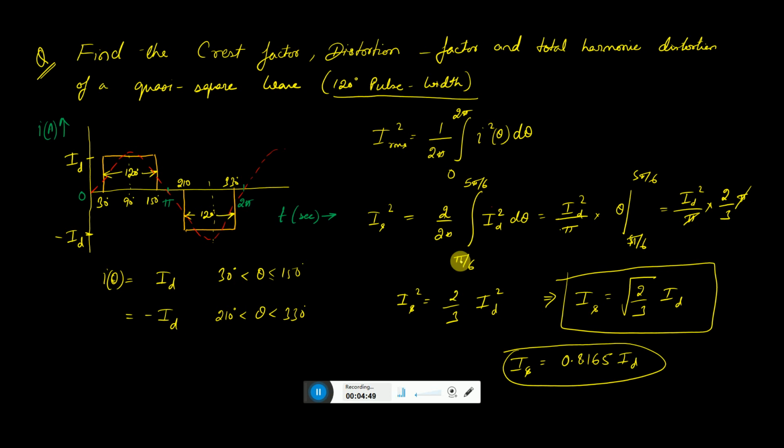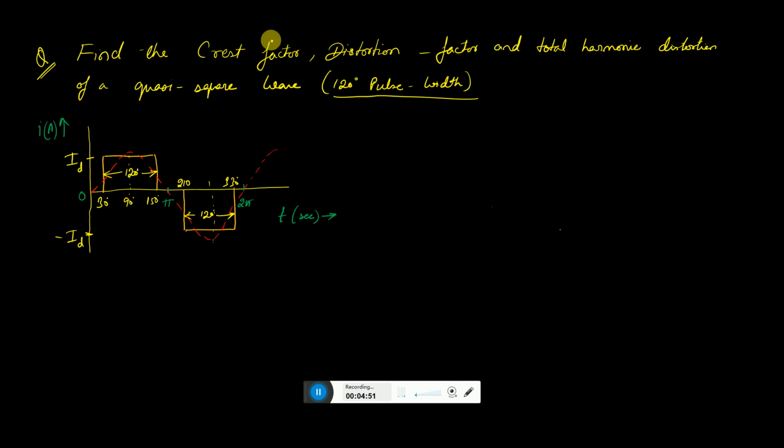So let us go to another screen. Here we need to find IS1. That's the objective. What is the value of IS1? IS1 is this waveform, and this IS is this square waveform, right?